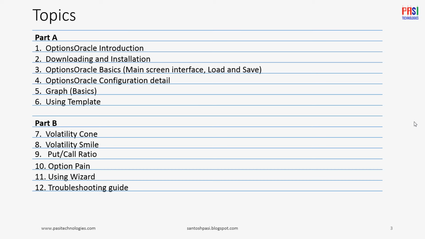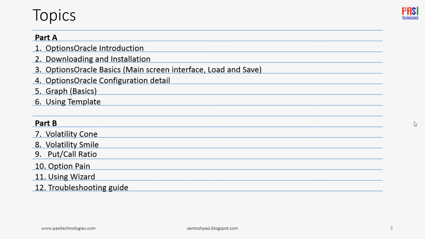Then there would be around a 2-3 minute break, and then we will go through configuring parameters. Then we will see the graph feature of OptionOracle, that would be the payoff chart, and then finally we will see how to use templates.